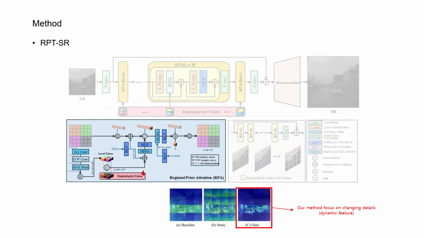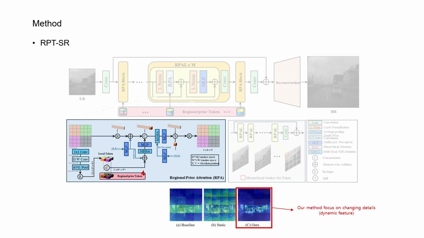Now, I will explain the core innovation, the regional prior attention. This module operates using a dual token framework. First, we generate local tokens from the input image to capture the dynamic frame-specific details, like moving cars or pedestrians. Second, we retrieve regional prior tokens, which are the learnable parameters that memorize the static scene layout.